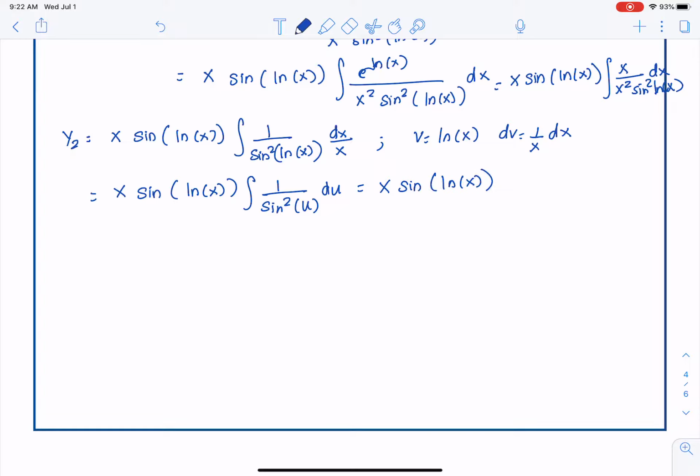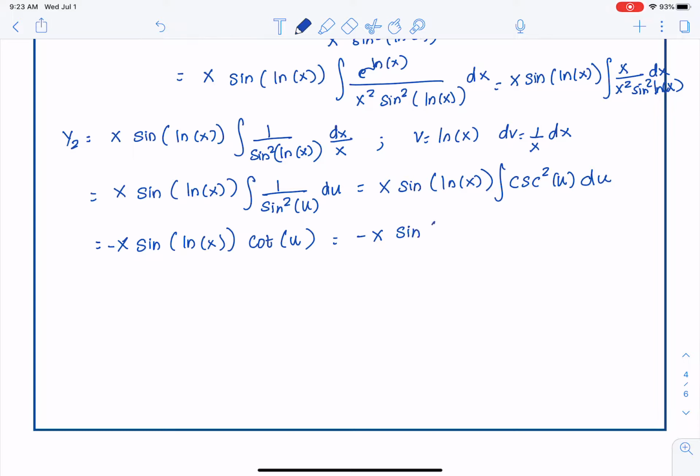But 1 over sine squared v dv is simply cosecant squared v dv, and we know the integral of cosecant squared x is simply negative cotangent x, or in this case negative cotangent v.